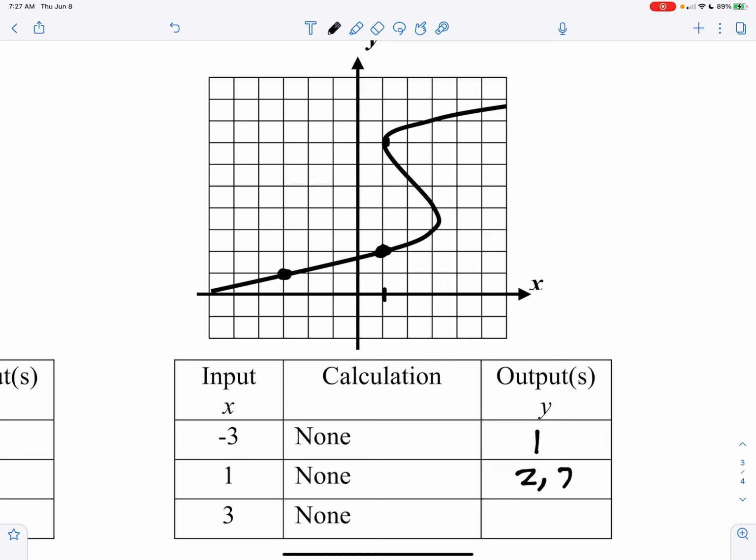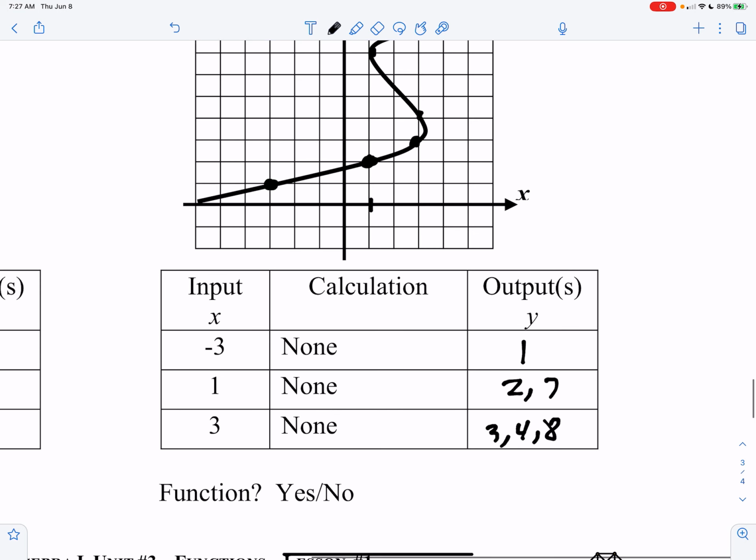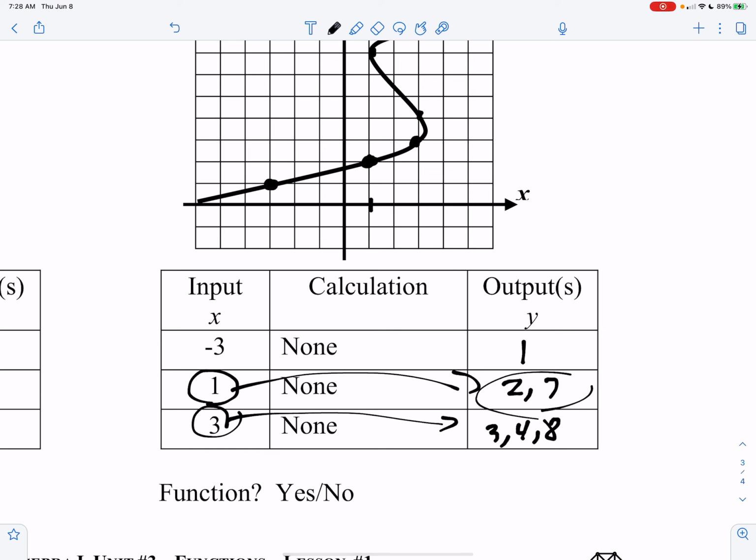And then at 3, you have an output here, here, and here. We have 3 outputs at about 3, 4, and 8. So in other words, you have 2 inputs that have multiple outputs. No, not a function.